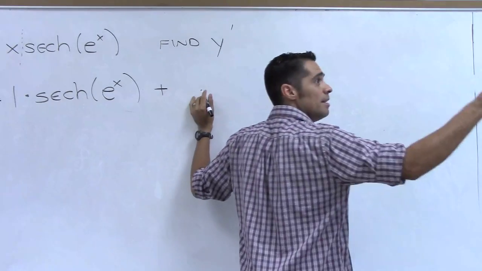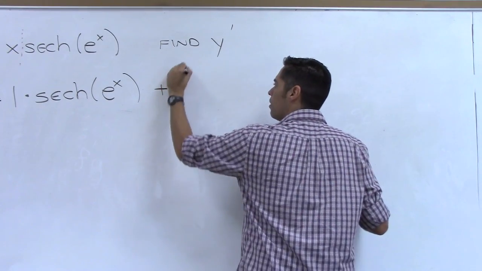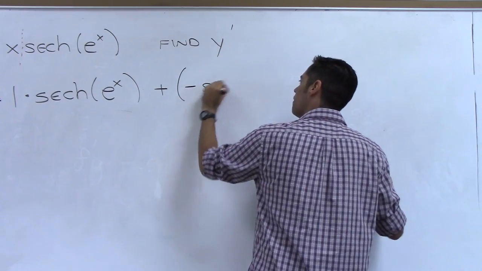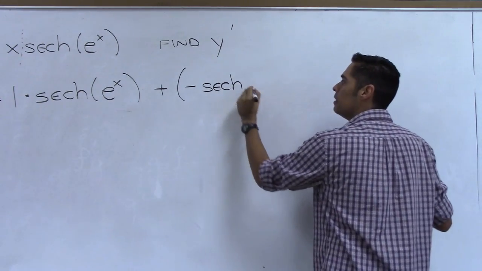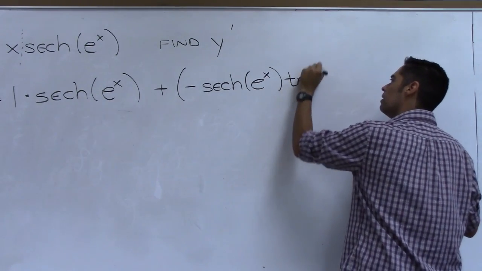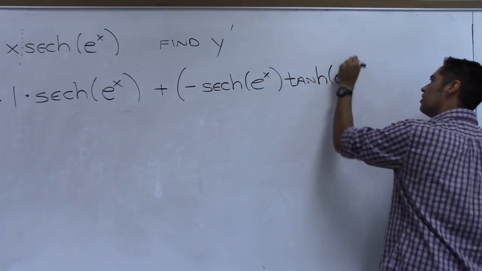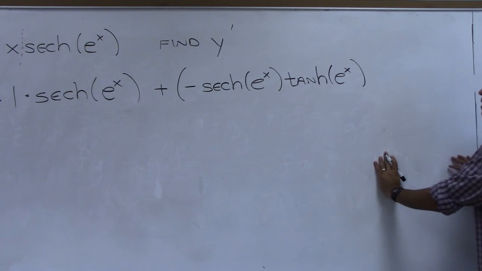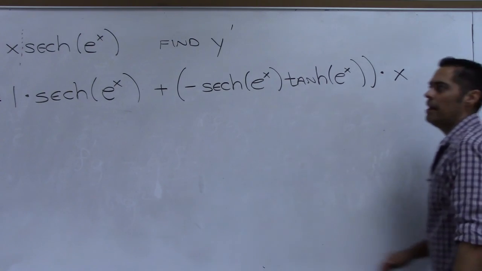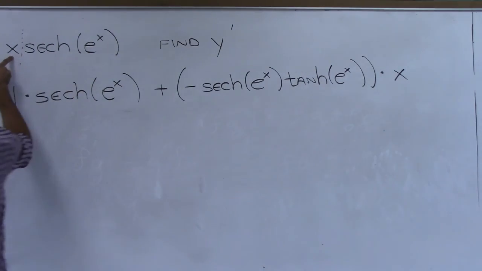So this is going to be, what, a negative sign? So I'll put in parentheses, negative secant hyperbolic of e to the x, tangent hyperbolic of e to the x. Am I done? Times x. And that x comes from finishing off the product rule, right?